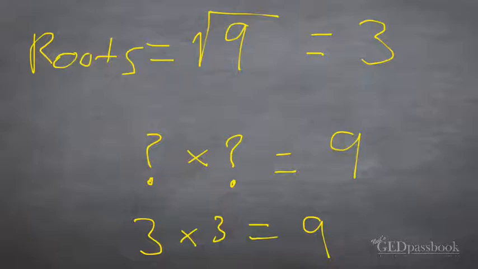So it's almost as if you're working backwards, because before we were given what's 3 squared. And then we said, oh, 3 times 3 times 3 equals 9. Wait, that's wrong, sorry. 3 times 3 equals 9.